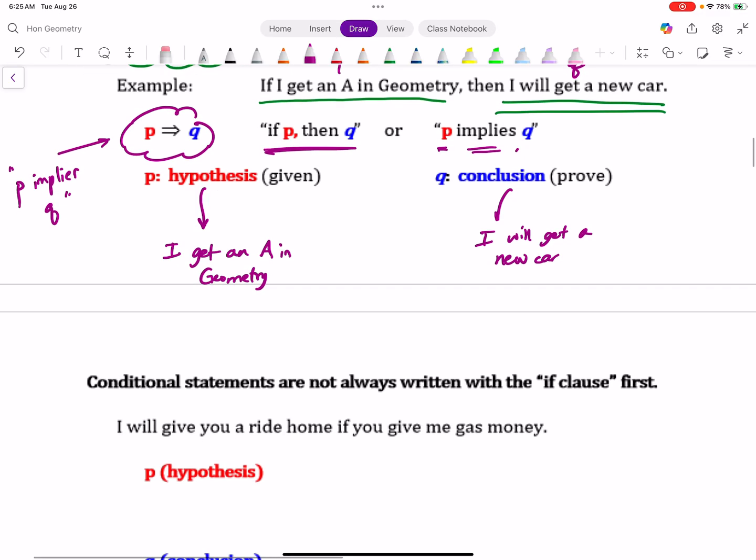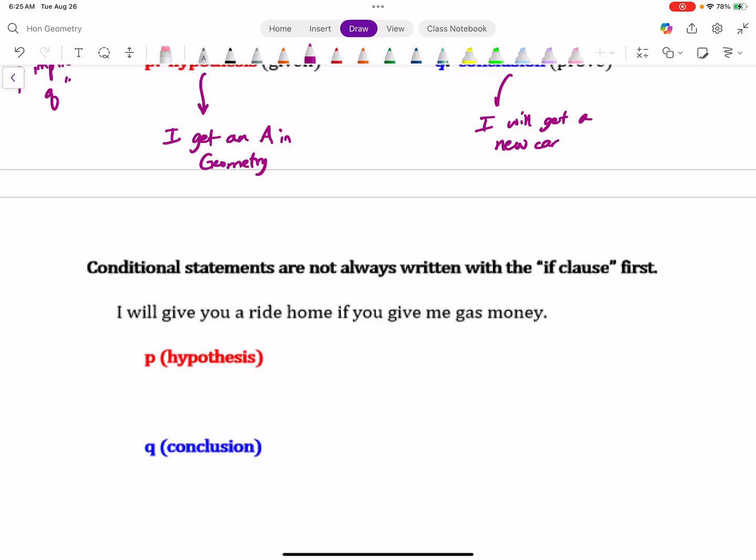Okay. Conditional statements are not always written with the if clause first. But I'll be honest, I think when you're doing the geometry with it, it is helpful to rewrite it that way. So, like for this next one, I will give you a ride home if you give me gas money. So what is the hypothesis? It's that you give me gas money.